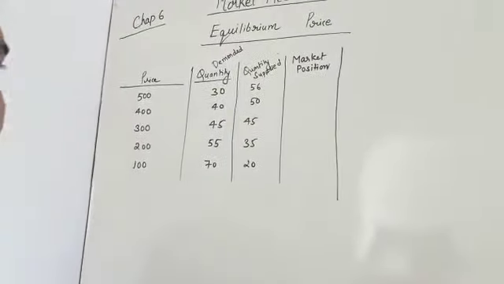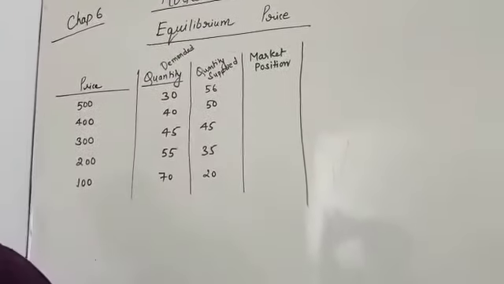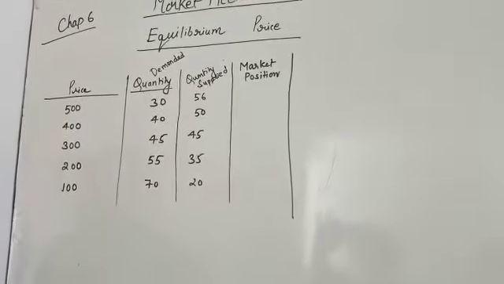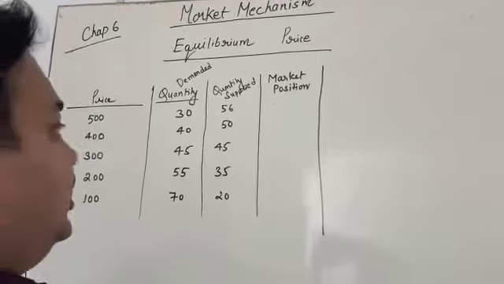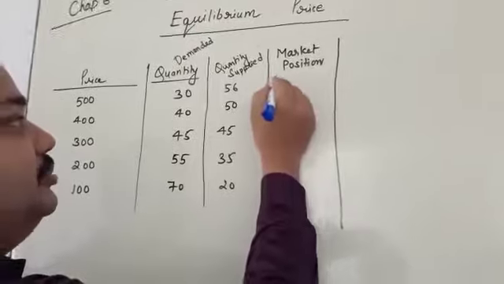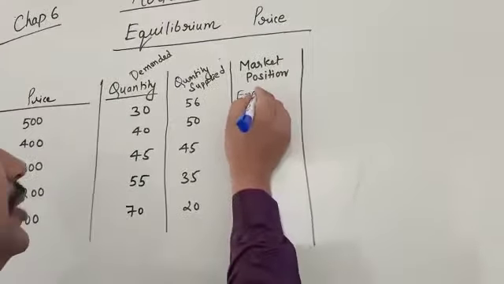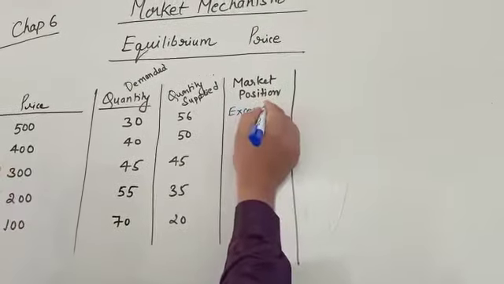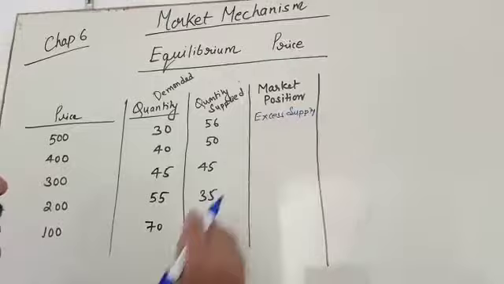Do you observe this situation where quantity supplied is more than quantity demanded? In this situation, it is called excess supply.